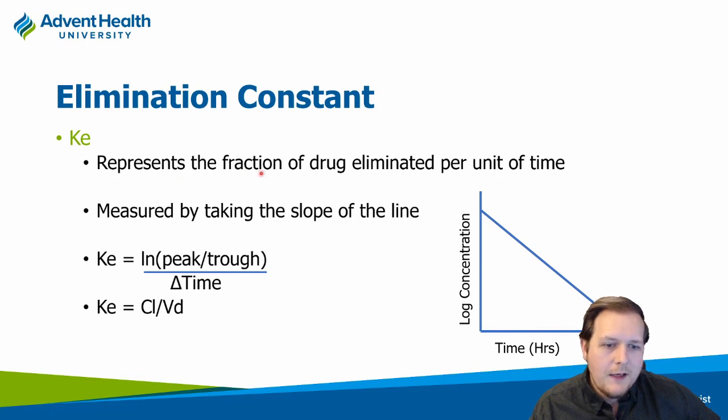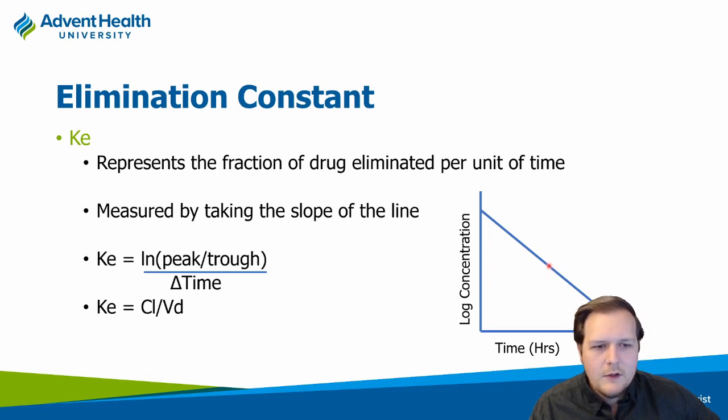And so basically what we can do is, if we're looking at a graph, let's say we took a graph of drug concentrations. I measured someone's blood level over the course of several hours and plotted that on a graph. And let's say I'm going to take the log of the concentration, so that it's not looking like one of those curves. It's just a nice flat line. Basically, I can take two values, and this is just like maybe back in your trig classes, when you were trying to figure out the slope of a line, right?